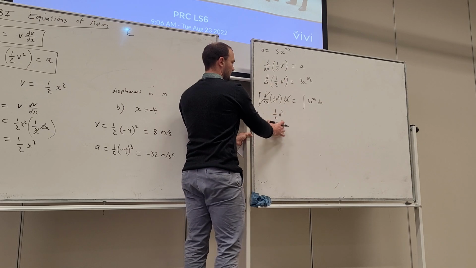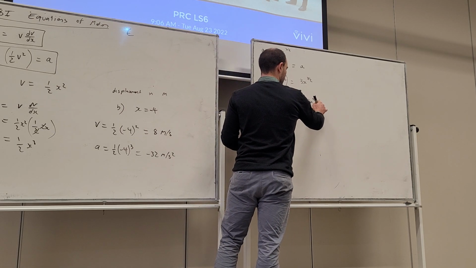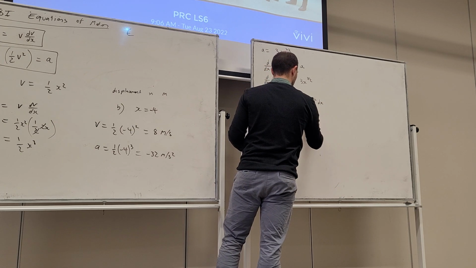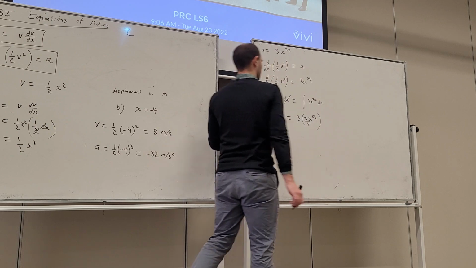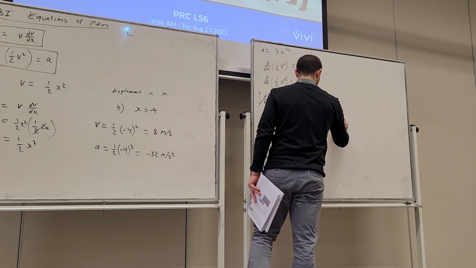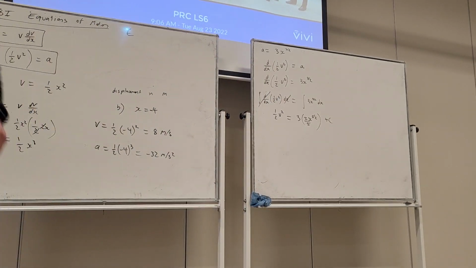You can go straight from here to here, which is when we integrate this. We've got x to the power of n, so it's going to be 3x to the 5 on 2, times 2 on 5, plus c. Then all we're going to do is process that for v.